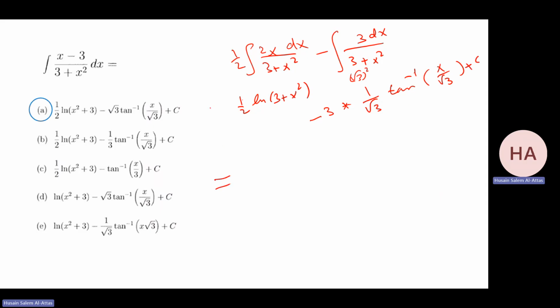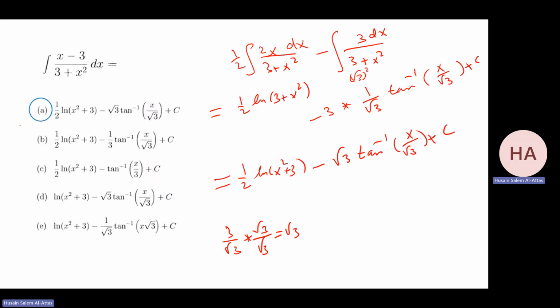This one is what? Half ln of x squared plus 3, minus 3 over the square root of 3. Don't forget 3 over the square root of 3 multiplied by the square root of 3 over the square root of 3. That will be the square root of 3. So that means the square root of 3 tan inverse x over the square root of 3 plus c, which is this one.